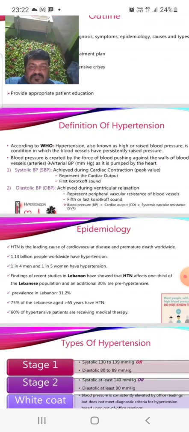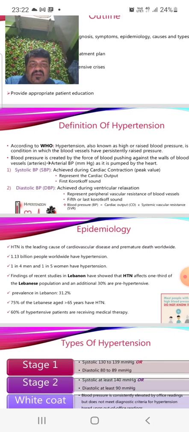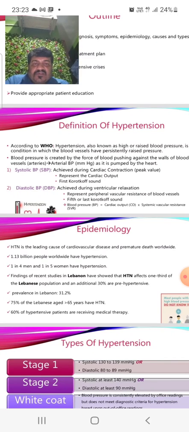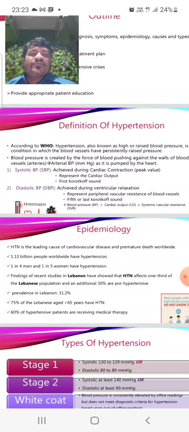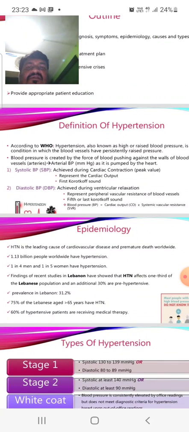Epidemiology. Hypertension is the leading cause of cardiovascular disease and premature deaths worldwide. And we Indians are among the most affected, because 1.13 billion people worldwide have hypertension. 1 in 4 men and 1 in 5 women have hypertension.